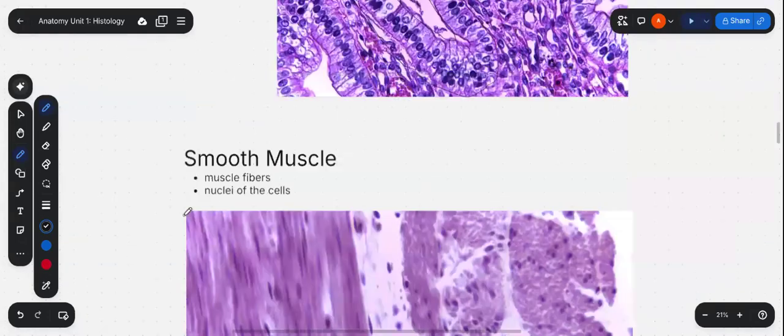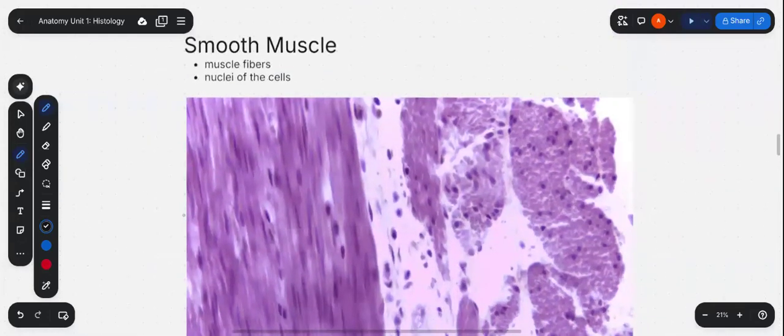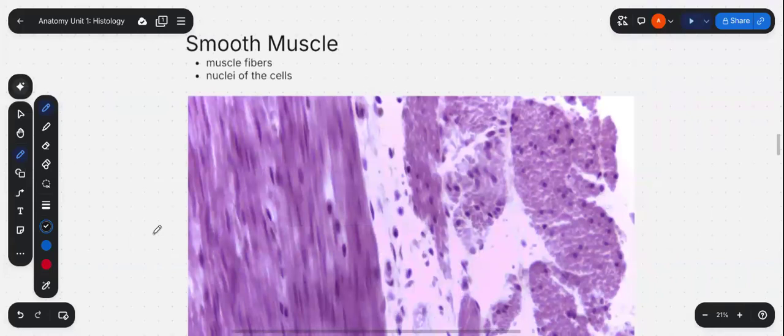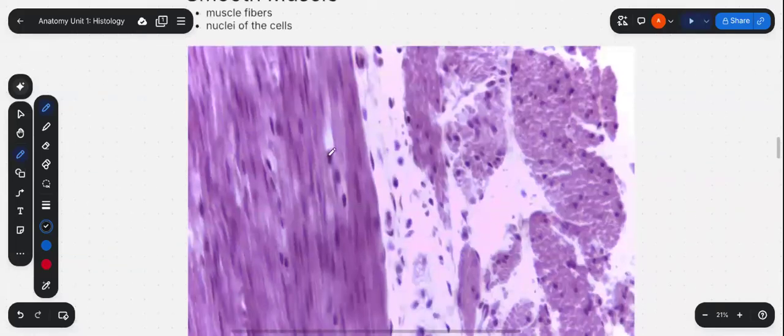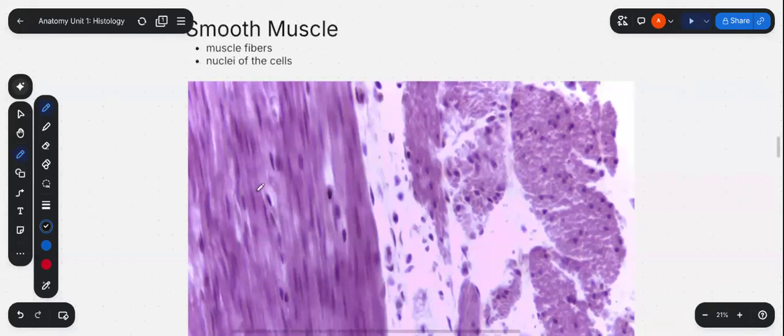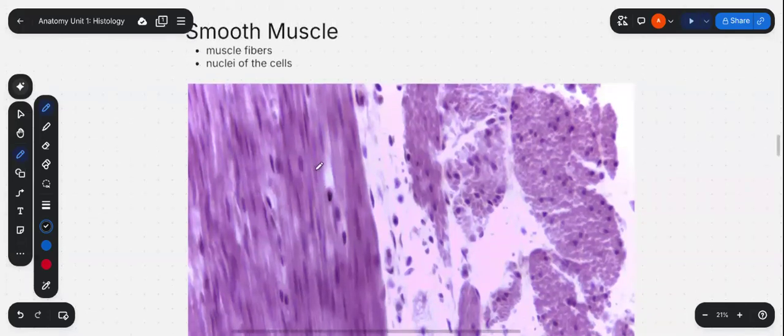All right, next, moving on, we have smooth muscle. For this first unit, you only need to know two things of smooth muscle: the nuclei of the cells, which again are these purple little dots, and then the muscle fibers is basically just going to be all of these stringy little fibers that are coming across there.